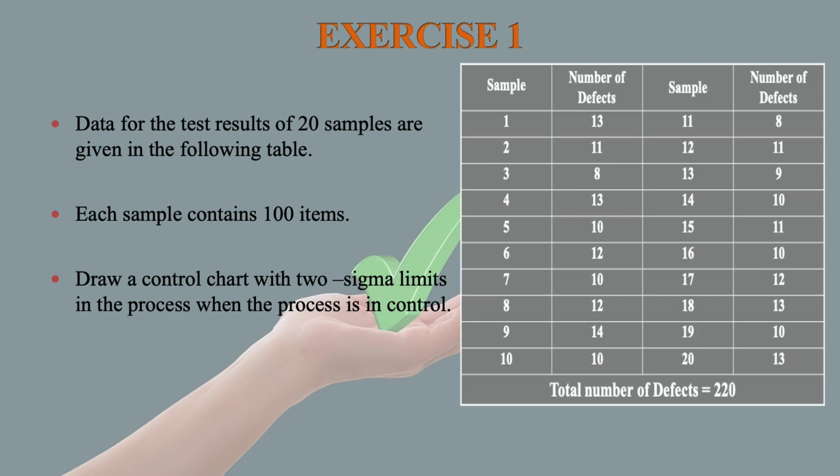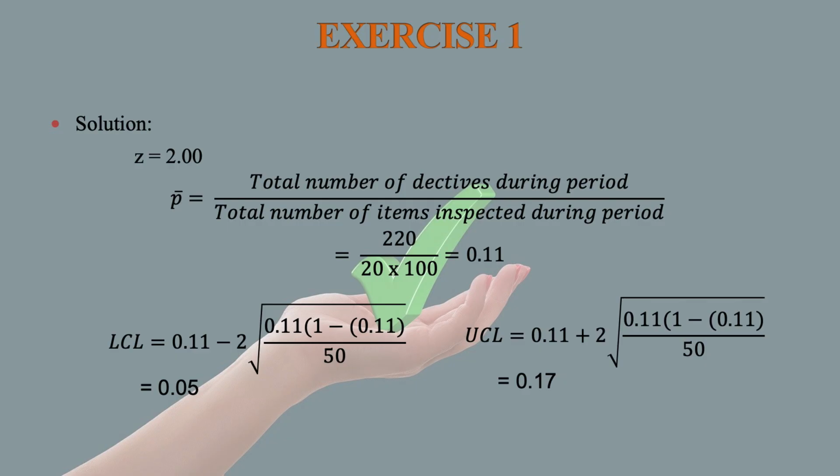So we have to construct the control charts, and if you count all the defects from all the samples, you will find the total number of defects is equal to 220. Now let us see how we can construct the control charts. Dear students, first of all we have to calculate the P bar. P bar is defined as the ratio of total number of defects during the period and the total number of items inspected during the period.